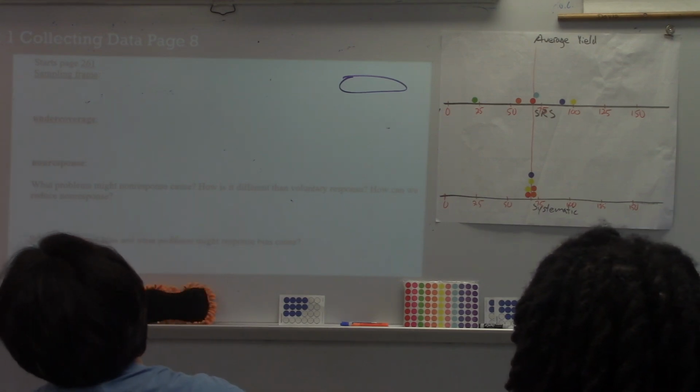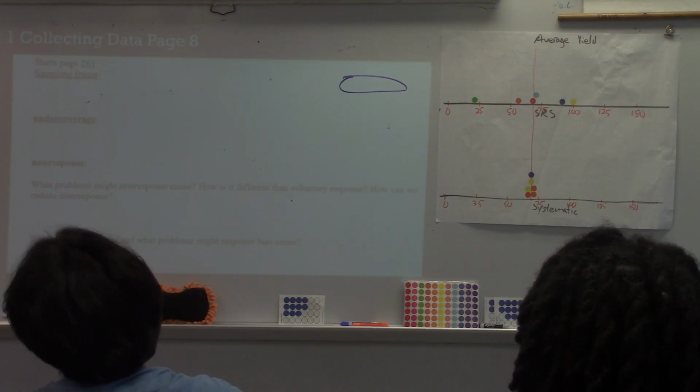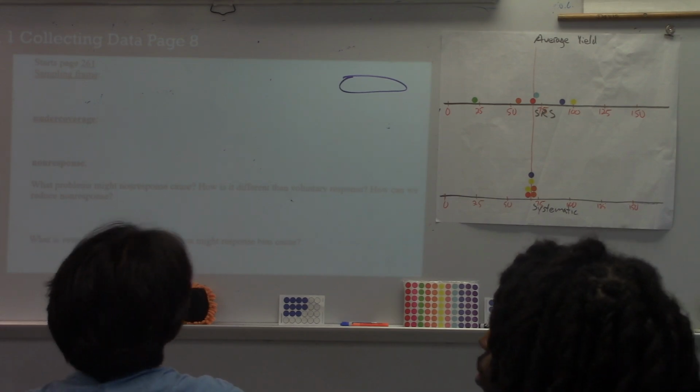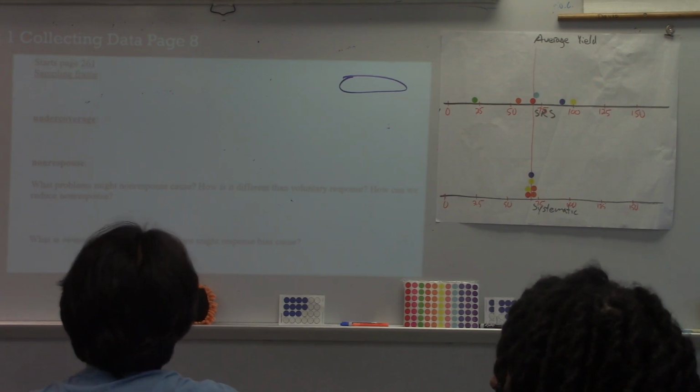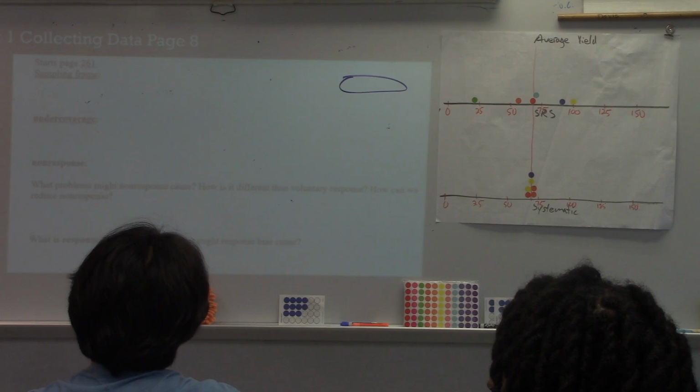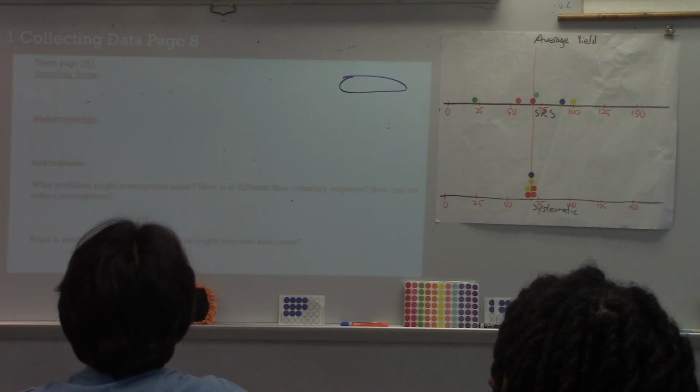But why non-response would be the same thing? Like if I sent out letters asking you to tell me how you feel about these things, and let's say 50% of the people I sent letters to don't respond, how could that affect my results?